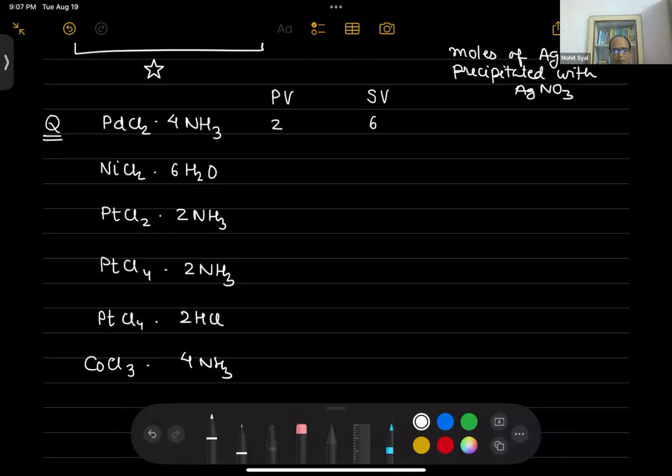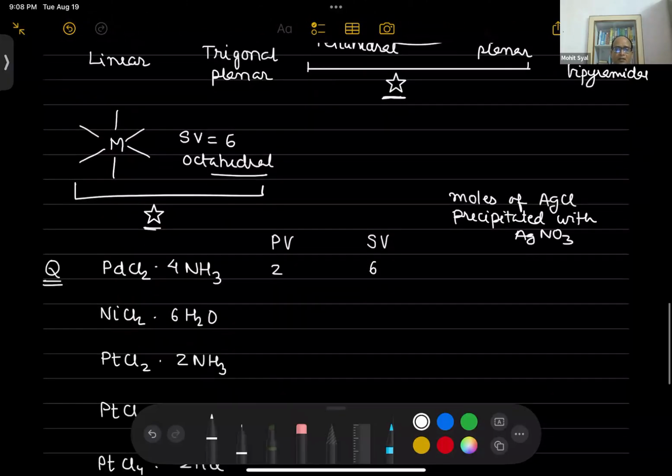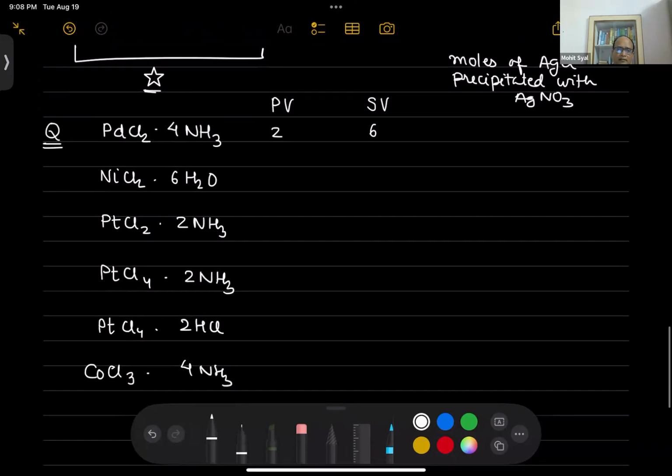As I told you, you will be provided mostly with either these two, 4 or 6. Though it is not always 4 and 6, for NCERT they mainly focus on 4 and 6 only.